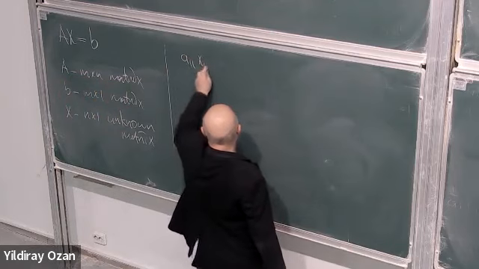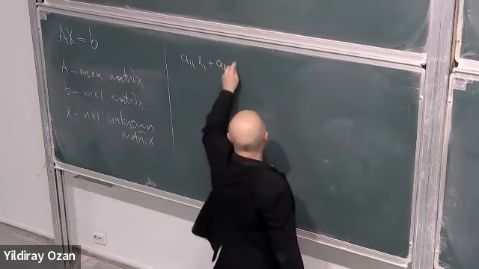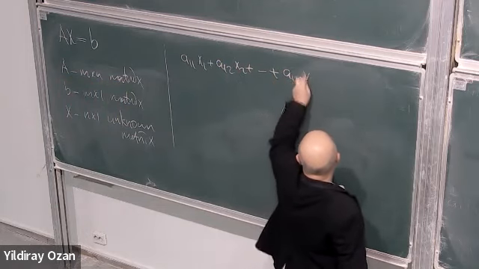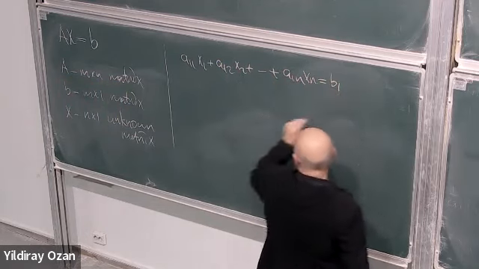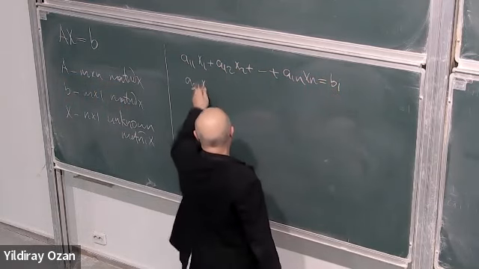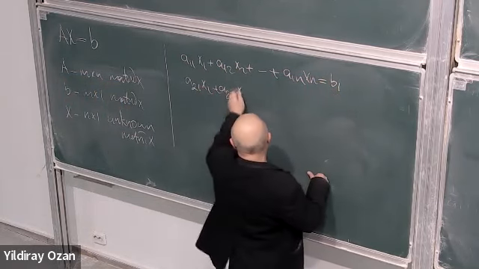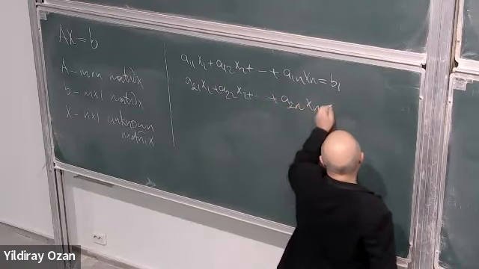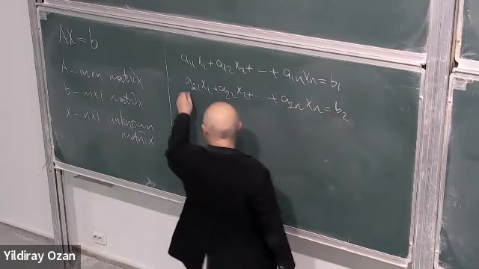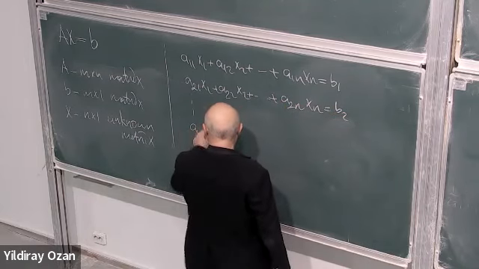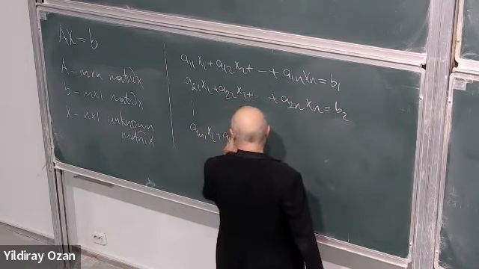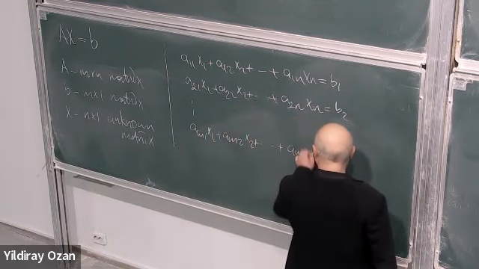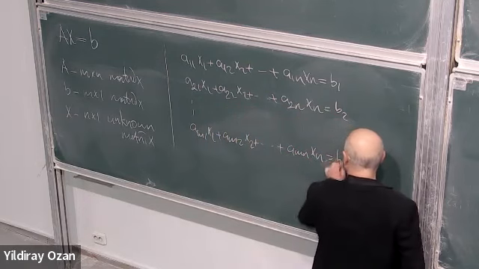A11 x1 plus A12 x2 plus A1n xn equals d1, A21 x1 plus A22 x2 plus A2n xn equals d2, and an1 x1 plus an2 x2 plus ann xn equals dn.